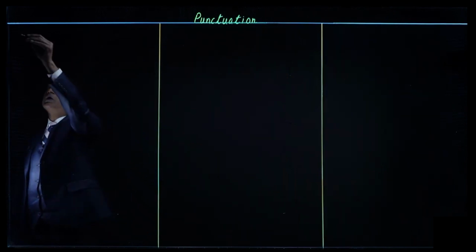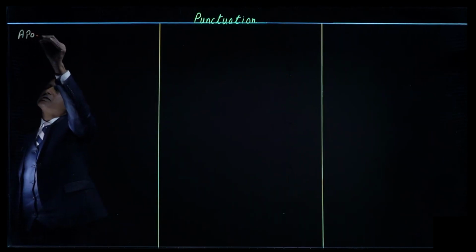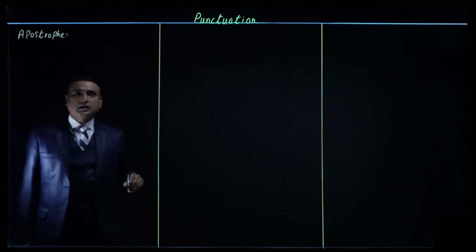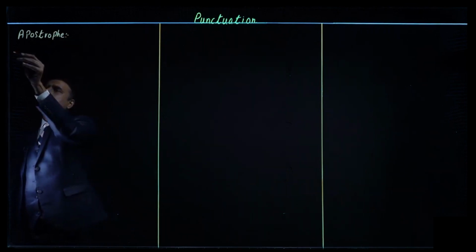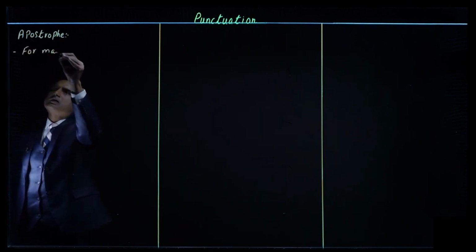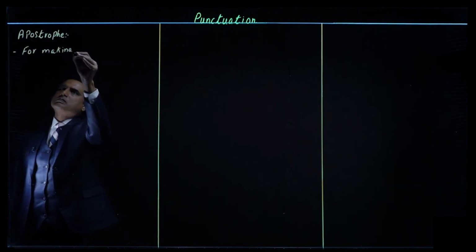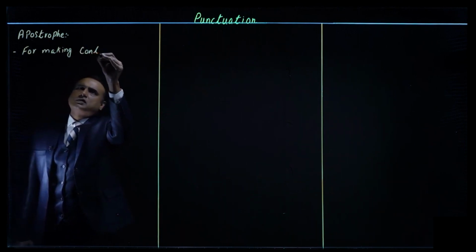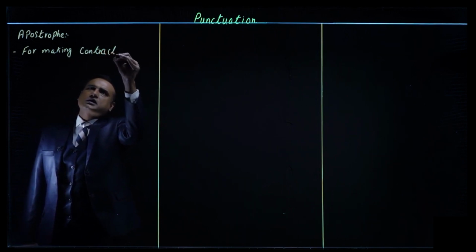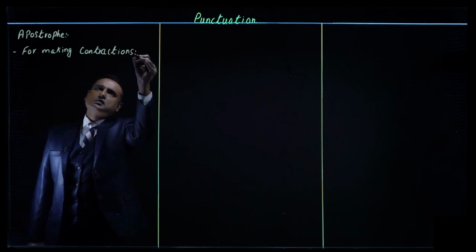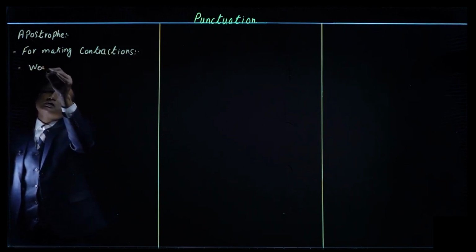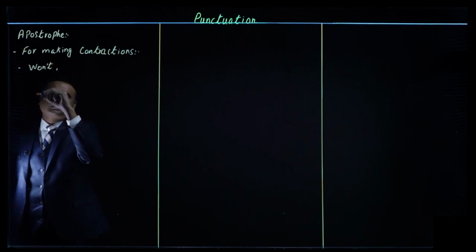So students, we are moving on with apostrophe. It is used for making contractions, and you are already aware of it कि contractions क्या हैं. Instead of will not, we use won't.